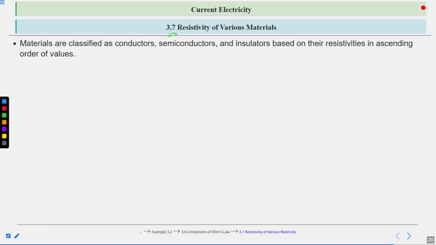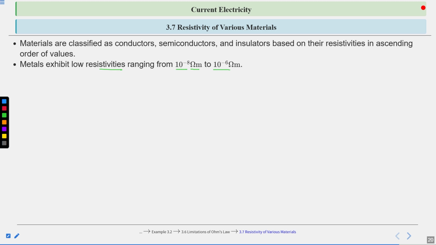Now 3.7. Materials are classified as conductors, semiconductors and insulators based on their resistivities in ascending order of values. Metals exhibit low resistivity. What is resistivity? It is the ability of a conductor to resist the flow of charges through it, which is less for conductors because they allow the flow of charges. So metals exhibit resistivities ranging from 10⁻⁸ ohm meter, the ohm meter being the unit of resistivity, to 10⁻⁶ ohm meter.